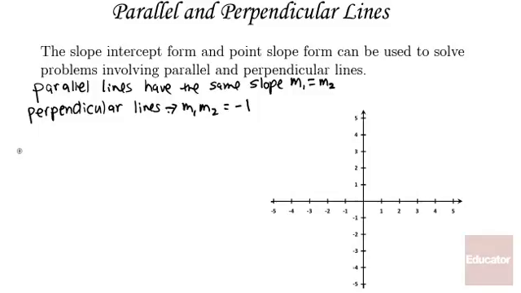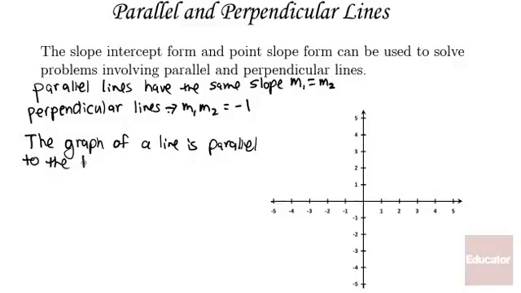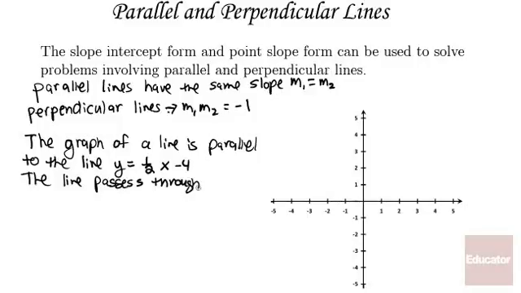For example, if I'm told that the graph of a line is parallel to the line described by the equation y equals 1/2 x minus 4, and I'm also told that the line I'm looking for passes through a point 4, -3, I can graph the line I'm looking for.